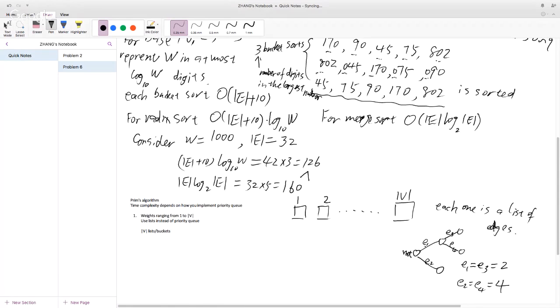So when we consider E1, it is 2, so we put it into bucket 2. For E2, it is 4, so we put it into bucket 4.